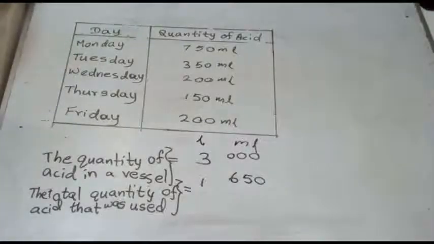Now, what was the quantity of acid remaining in the vessel at the end of the week?